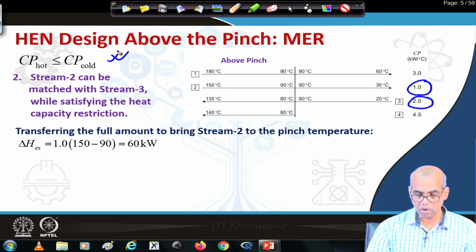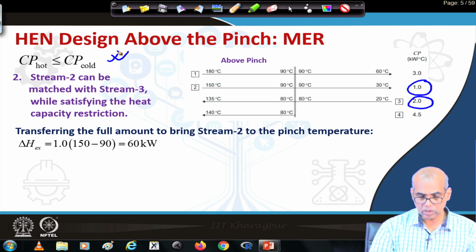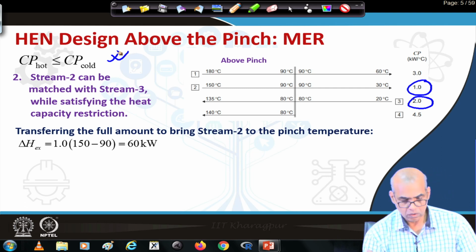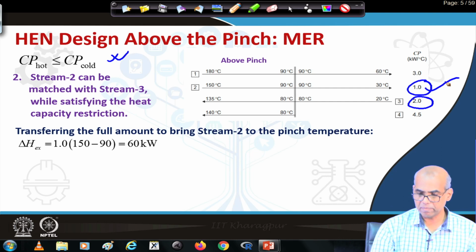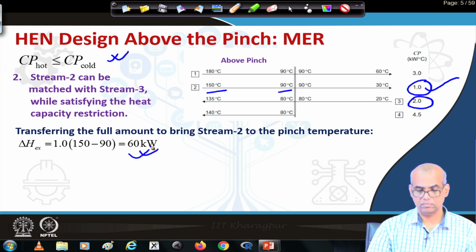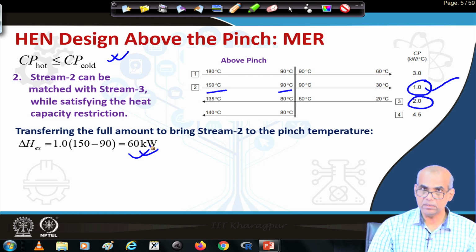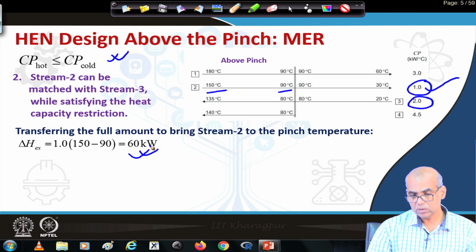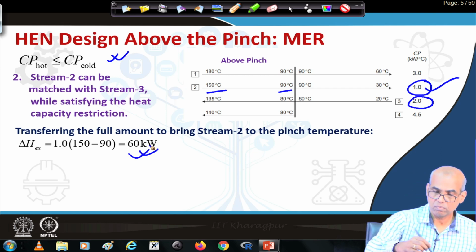Now, transfer the full amount to bring stream 2 to the pinch temperature. Calculate the value delta H equal to 1 multiplied by 150 minus 90, which gives me 60 kilowatt. So, 60 kilowatt will be available from the hot stream number 2 when it is brought down to temperature 90 degree Celsius from 150.